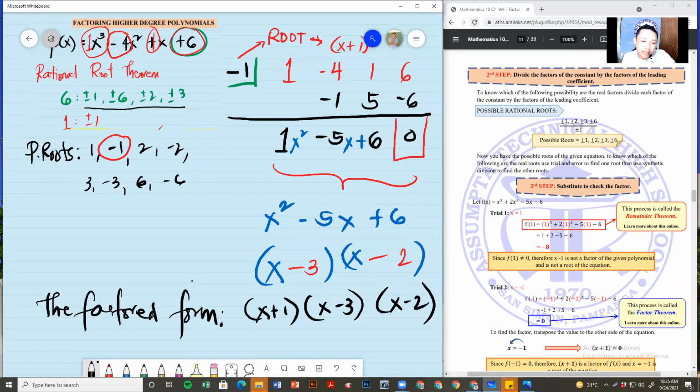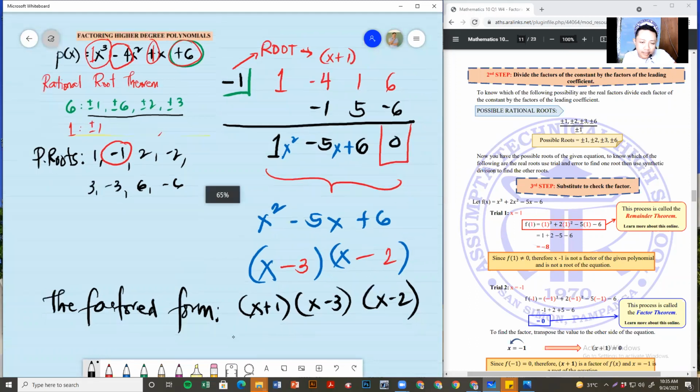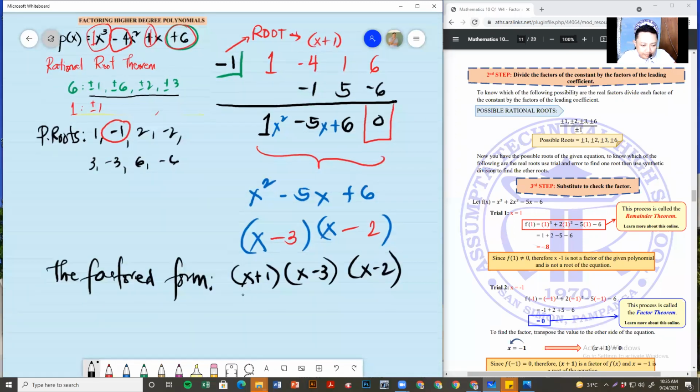And of course, if we are asked to find the roots, change the signs: negative 1, 2, and 3.